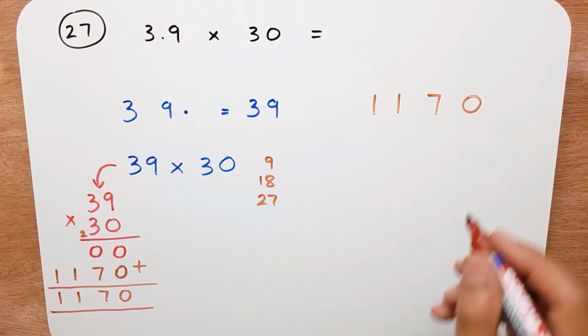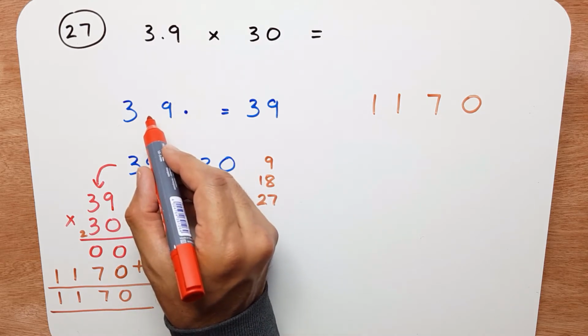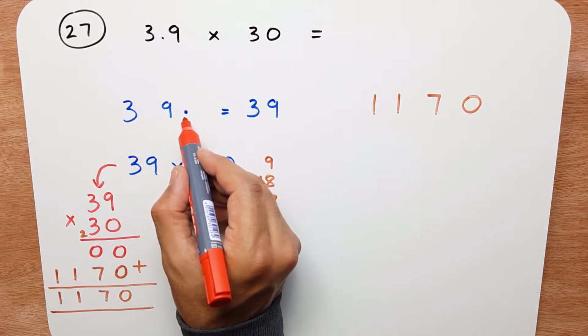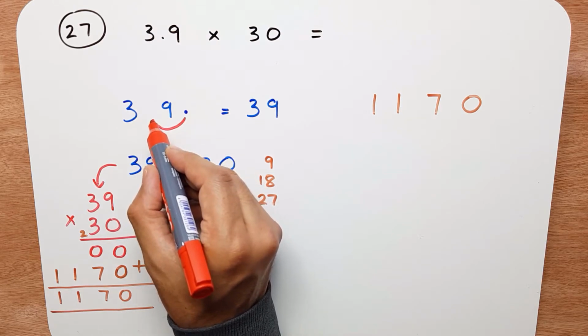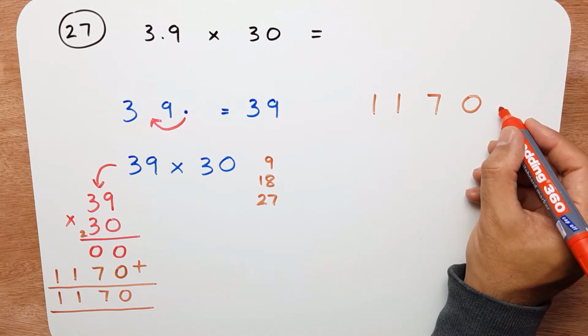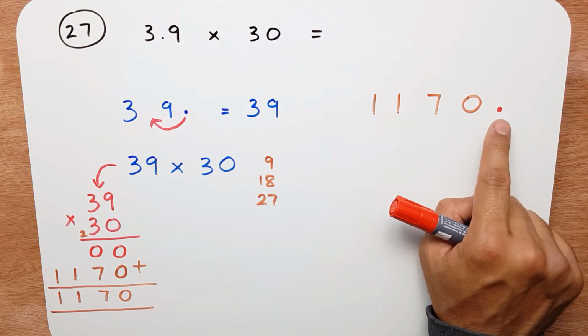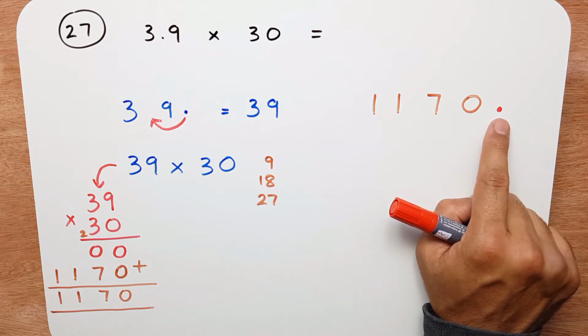1170. But what did I do earlier? I moved this decimal point from here this way. So now I need to bring it back to the left one place. So my decimal point is here. So you have to remember this. Whenever you've got a whole number, there's an invisible decimal point on the right.